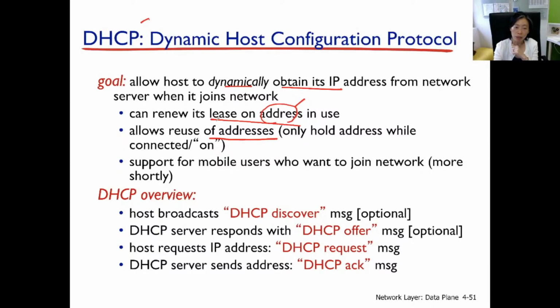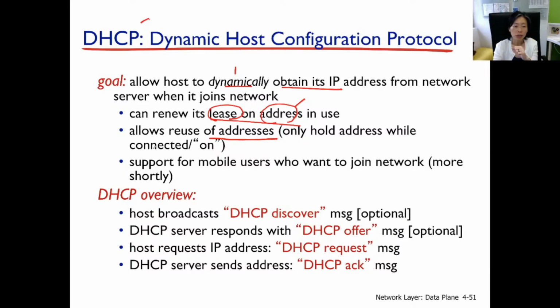But as you see here, it's a lease, meaning the IP address is temporarily allocated. That is why it's called the dynamic host configuration process. It only runs for a while. If you leave the subnet, this IP address will be reclaimed by the server.